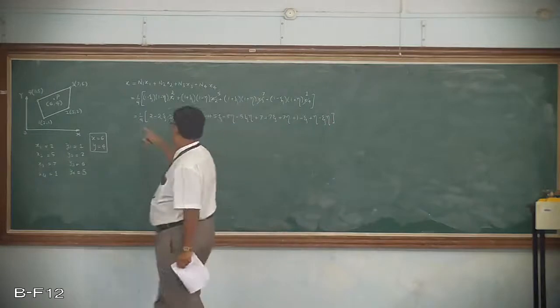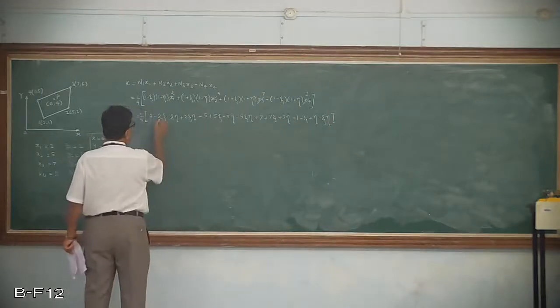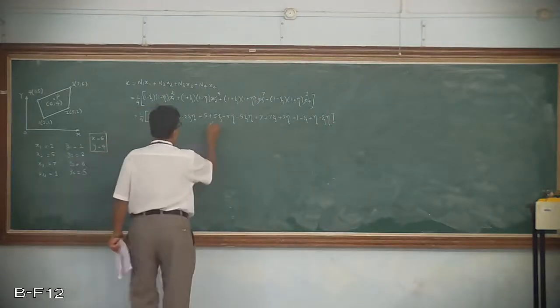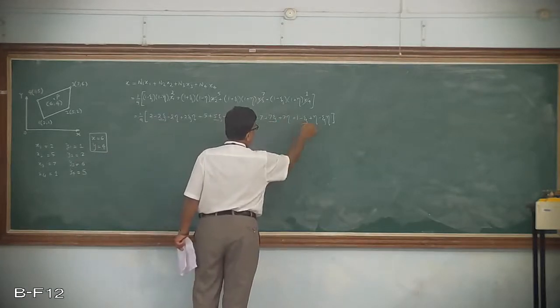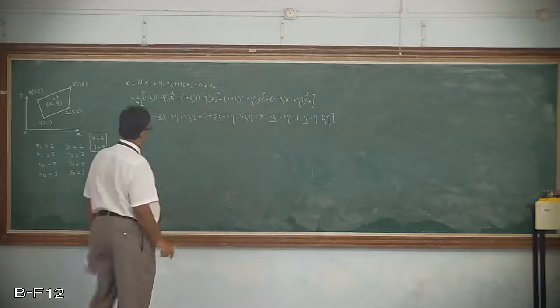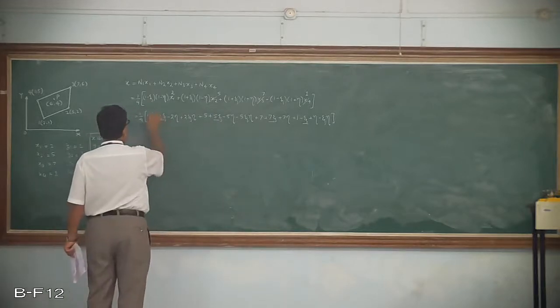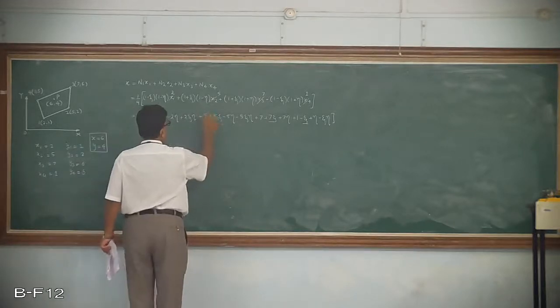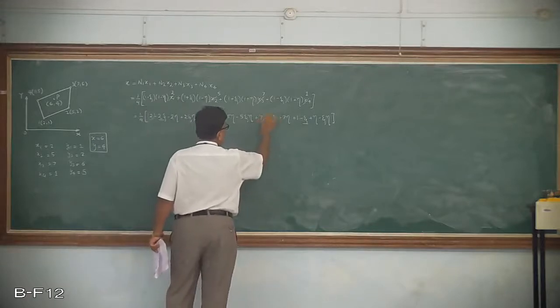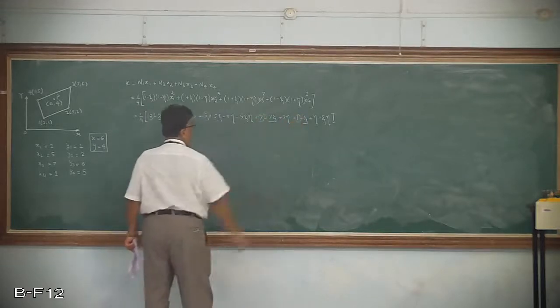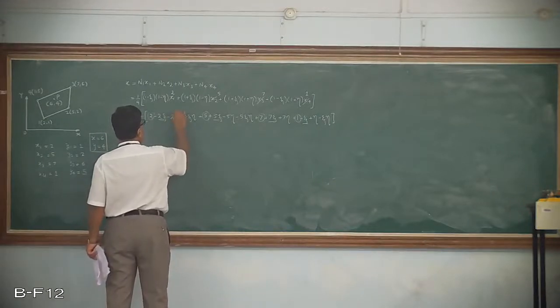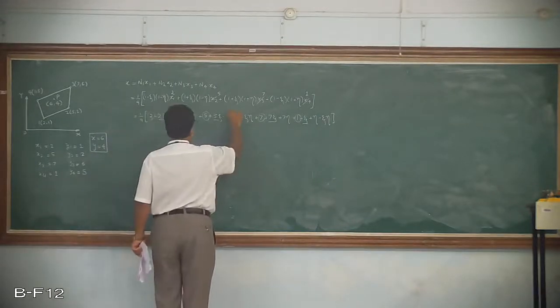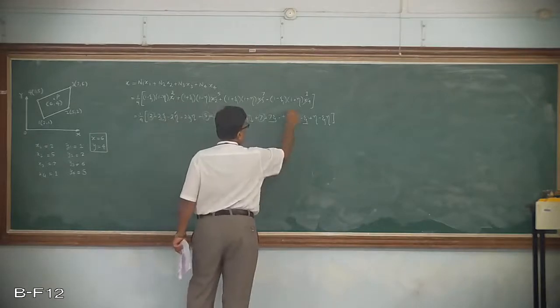Of course, 1/4 is there. So you just take the zeta terms: 2 zeta, 5 zeta, 7 zeta, and 1 minus zeta. Similarly, you group the constants 2, 5, 7, and 1. Then the eta terms like 2 eta, 5 eta, 7 eta, and 1 eta.